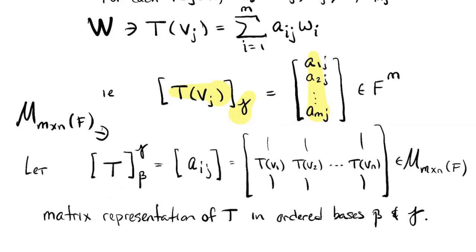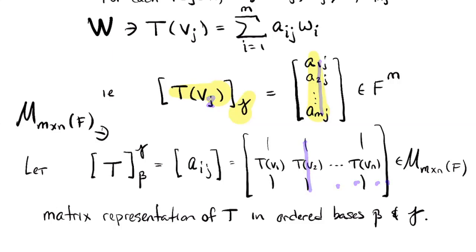It's aij as defined above. Or if you like, for the first basis vector, I write it as a linear combination of my w's. I find its gamma coordinates. I make those coordinates the first column in my matrix. Then for the second basis vector, find its coordinates, make them the second column in my matrix, and so on.